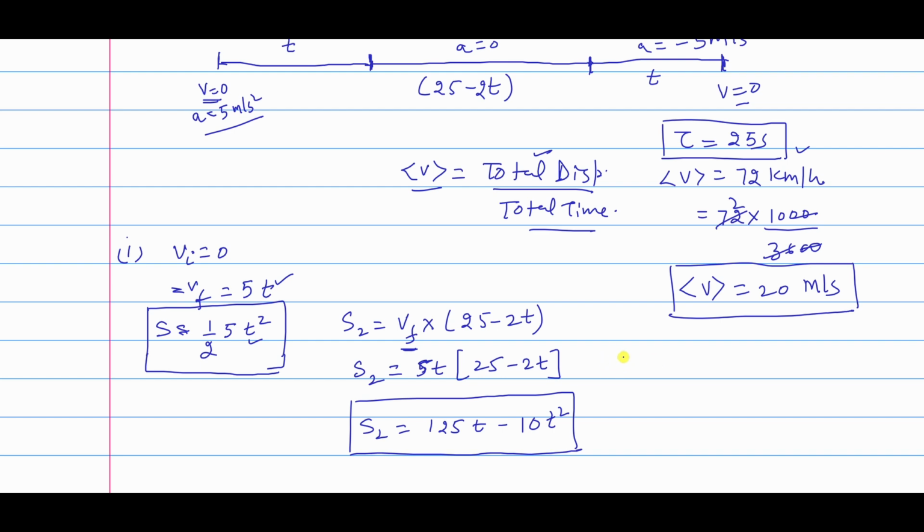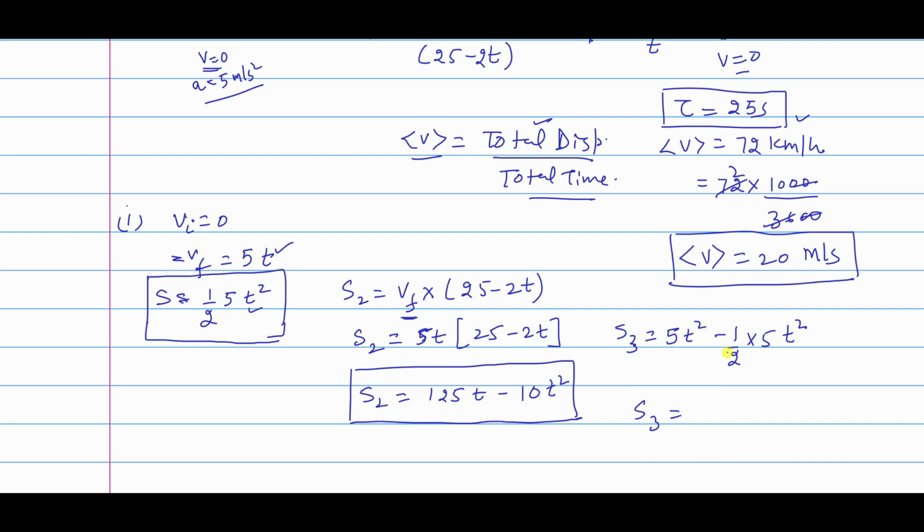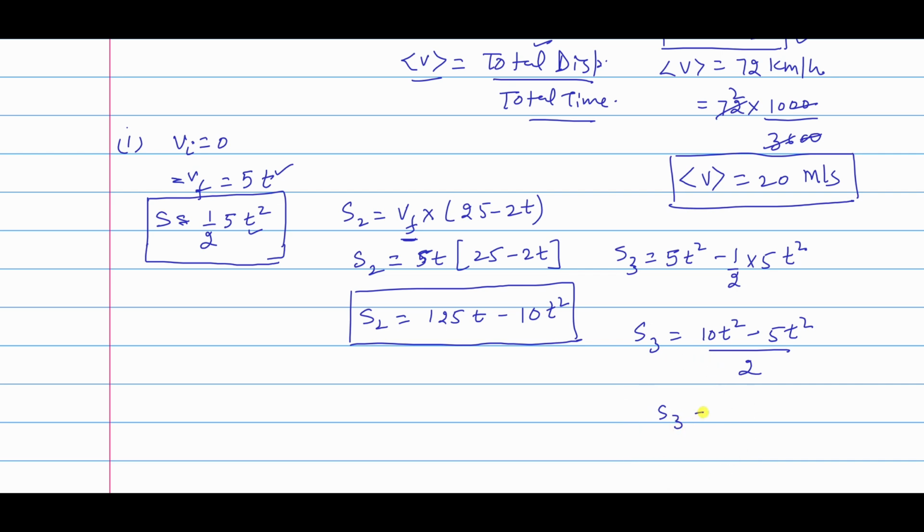So s3 is equal to initial velocity vf, which is 5t, multiplied by t, plus half a t square, and in this case the acceleration is negative, so we can say minus half multiplied by 5 t square. So s3 will be equal to 10t square minus 5t square upon 2, which is s3 equal to 5t square upon 2.